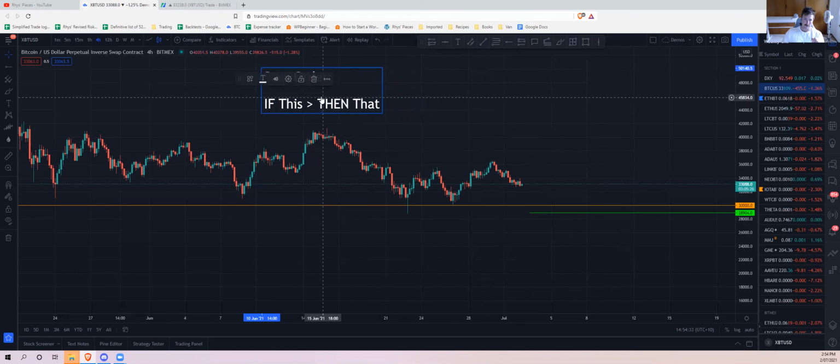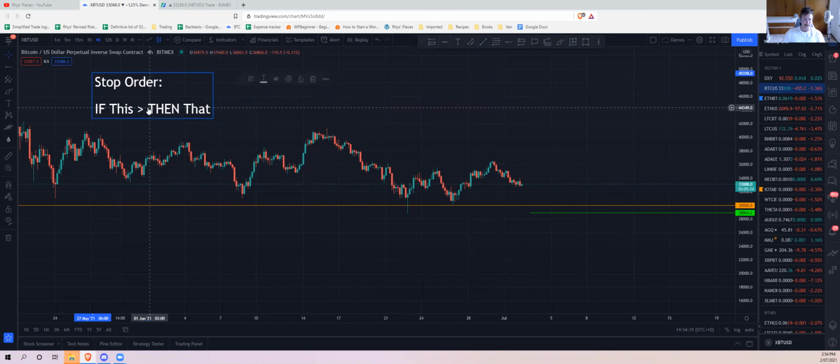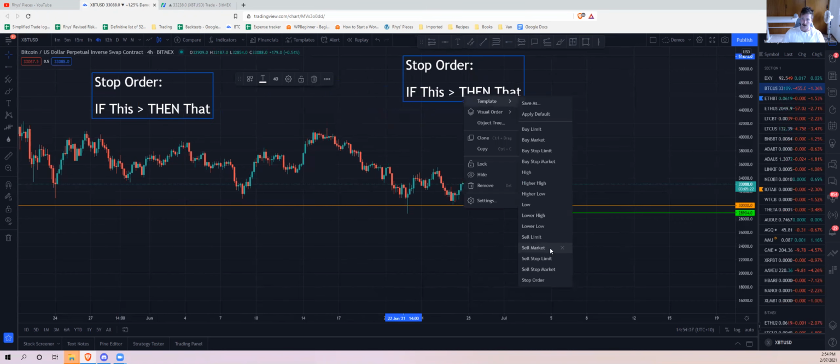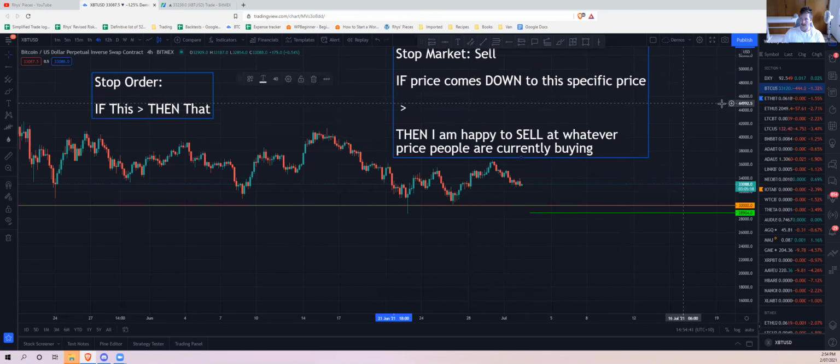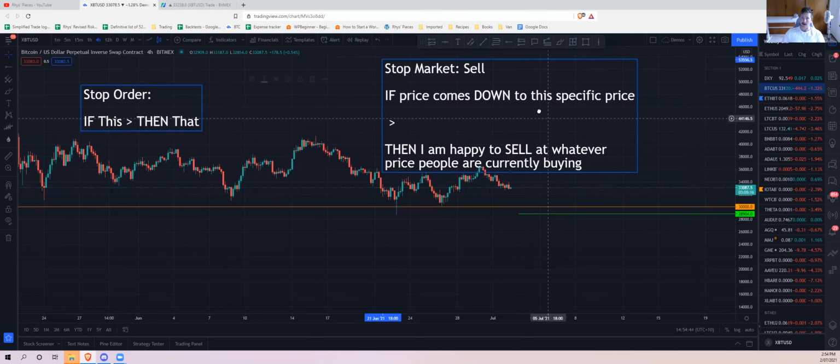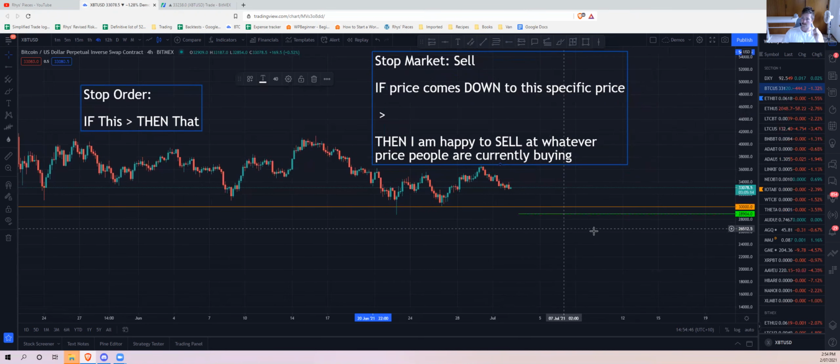So what you want to do there is use, we'll go with a stop market first, right? So a stop market says, if price comes down to this specific price, so in this case, 29,000, then I'm happy to sell at whatever price people are currently buying. So if price hits 29,000, market sell, right?